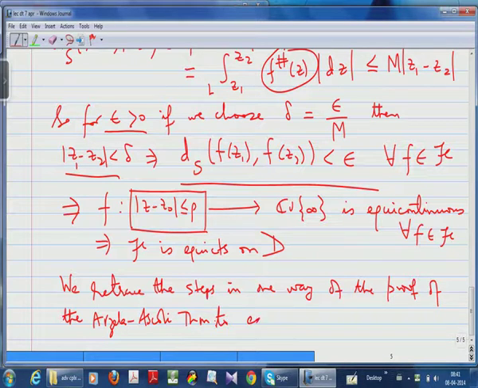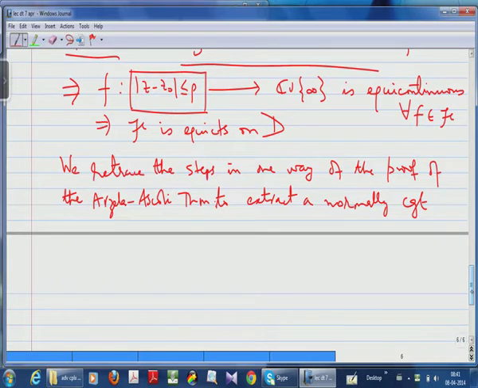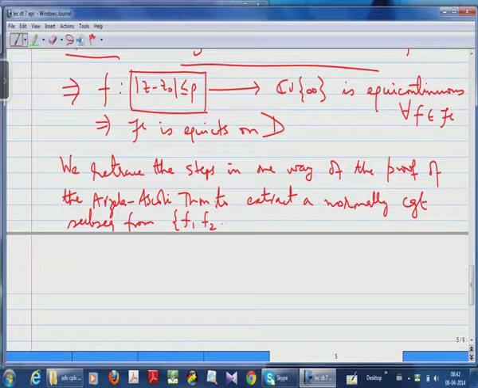to extract a normally convergent, so I am using CGT for convergent as an abbreviation, subsequence from the given sequence. Okay. So what do you do? I'll put it as a star list.